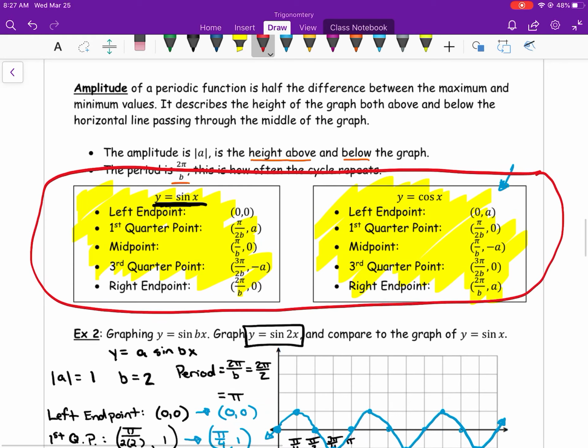Alright, so our formatting is, I wrote there, y equals a sine b of x. Okay, let me write it again in here for you. So this is y equals a cosine b of x. This is y equals a sine b of x. Okay, that's where your a and your b from.